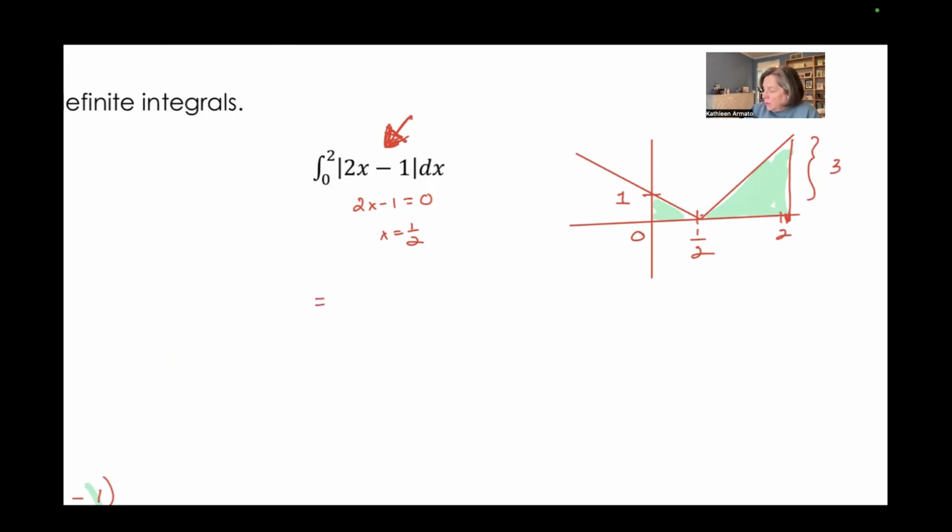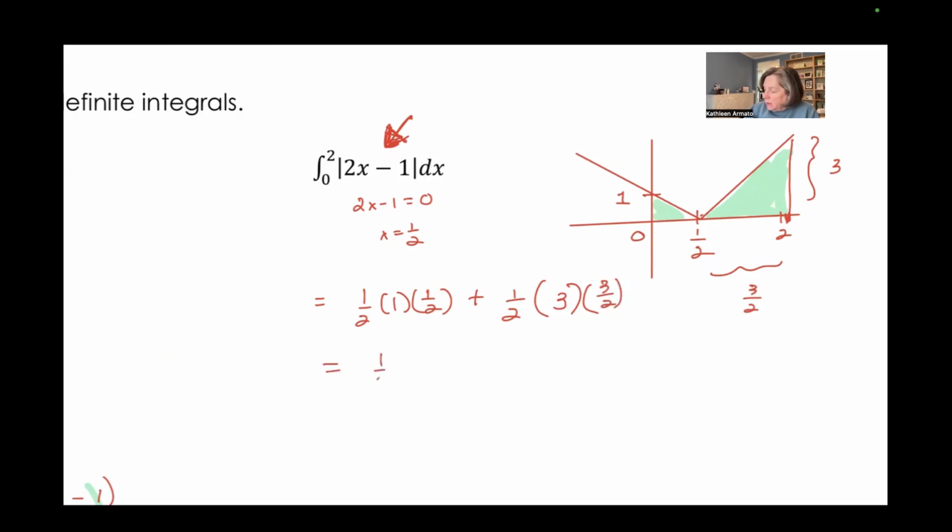So the integral from 0 to 2 would just be 1/2 times the height times the base for this first triangle. For the second triangle, it's 1/2 times the height times the base. From 1/2 to 2 would be 3/2.